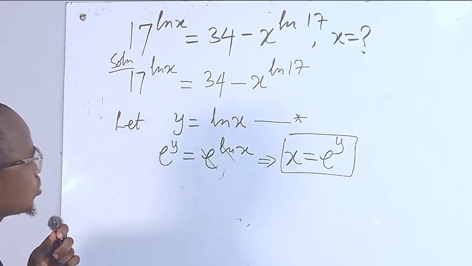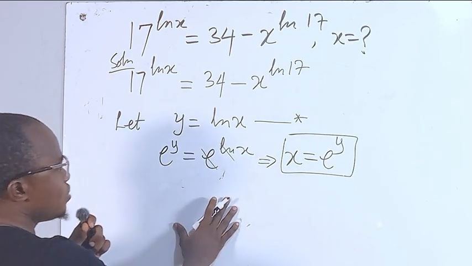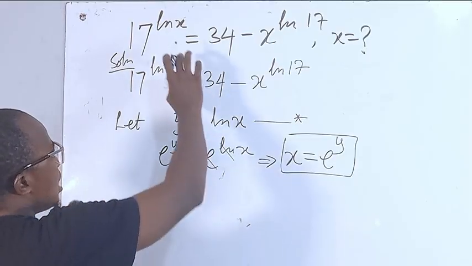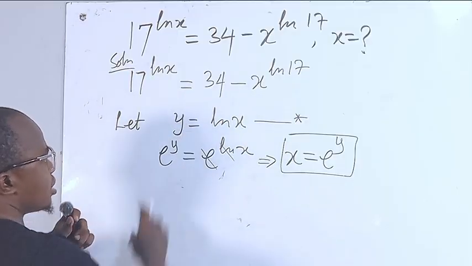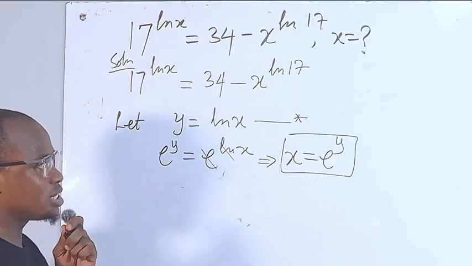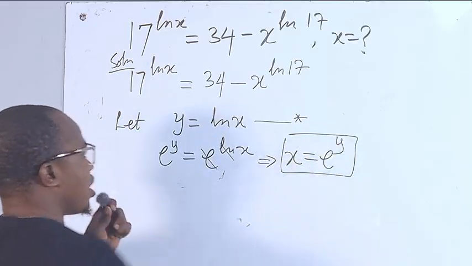Now, another thing we are going to do is replace anywhere we see ln of x with y, and anywhere you see x, you replace it with e to the power of y.